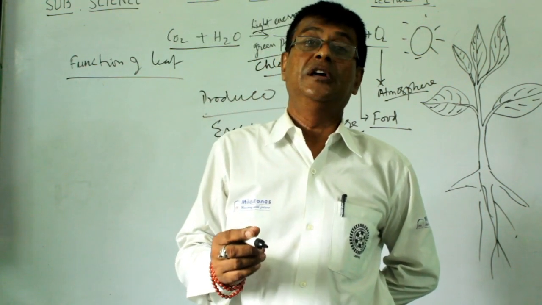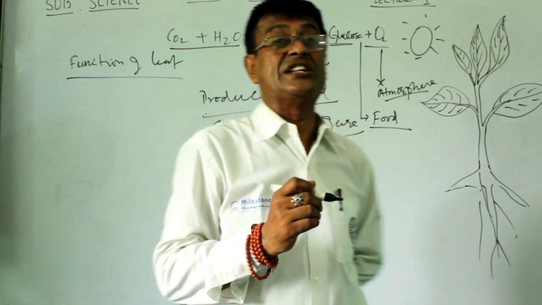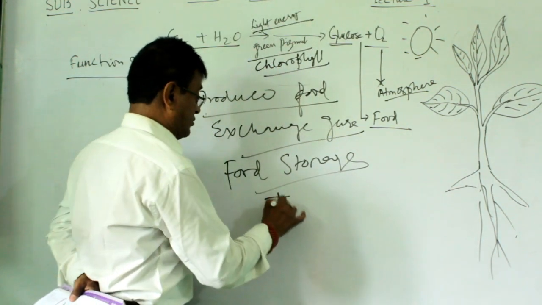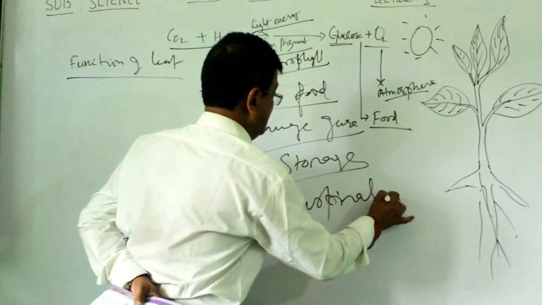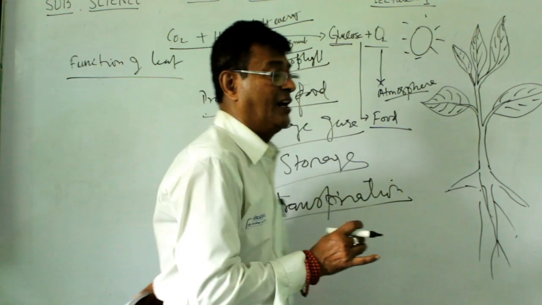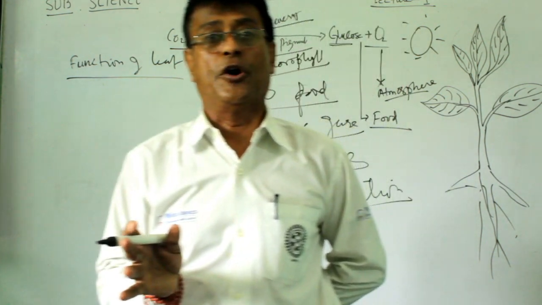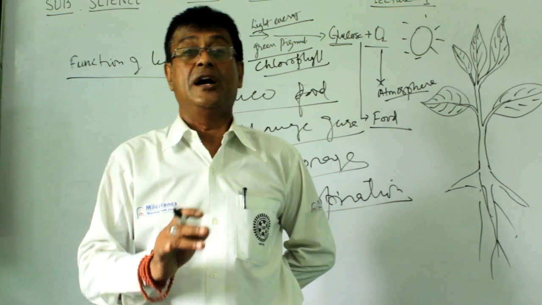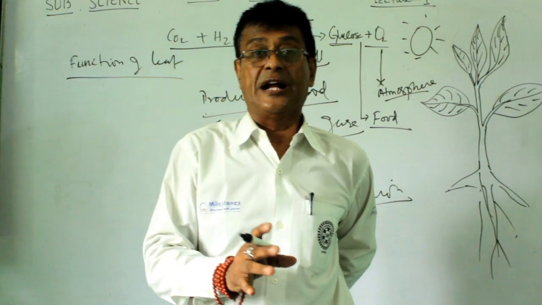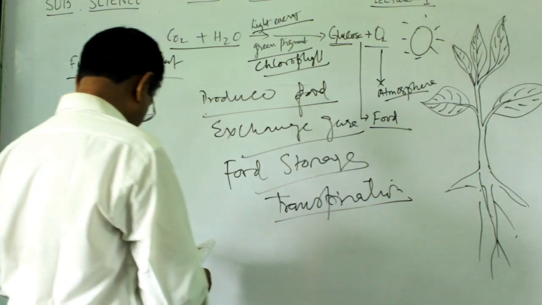This is also the function of the leaf, and that is known as transpiration. Transpiration is nothing but the evaporation of the excess water from the plant body to the atmosphere, and it also gives the cool feeling in the atmosphere.